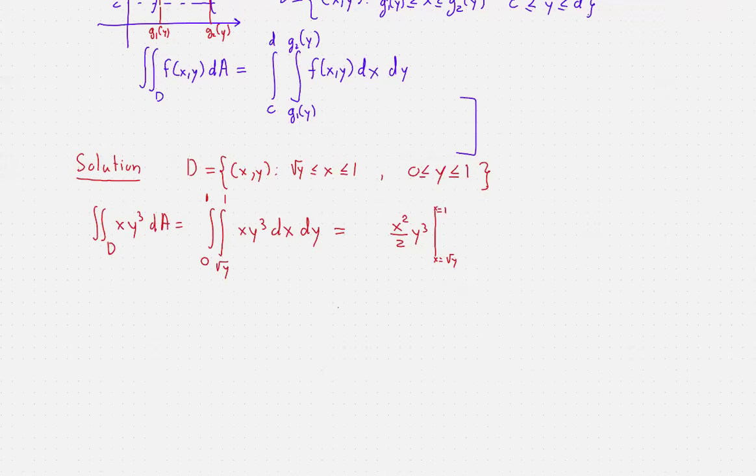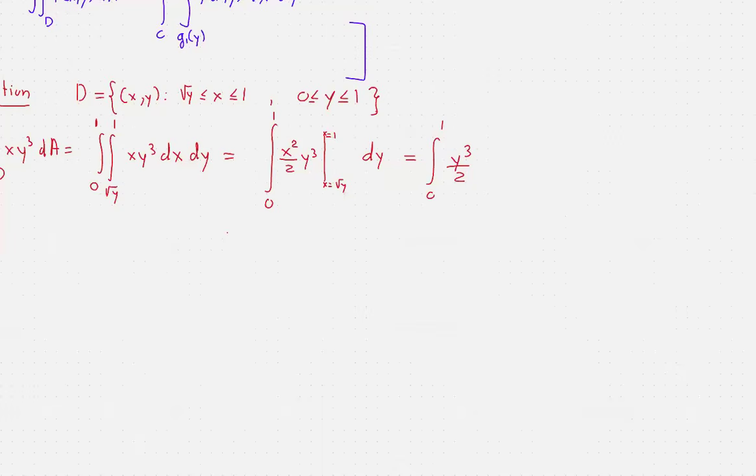So what do we get? We're going to get y cubed over 2. That's when we plug in x equals 1. And x squared, and if we plug in square root of y into x squared, then we simply get y. So that would be minus y to the 4th over 2 dy.